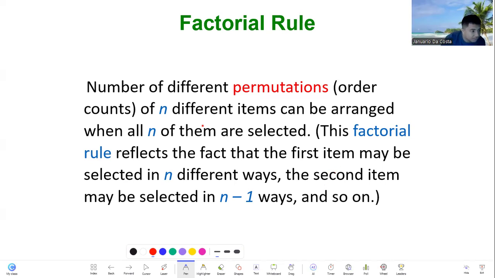So, the number of different permutations or orderings of n different items can be arranged when all n of them are selected.